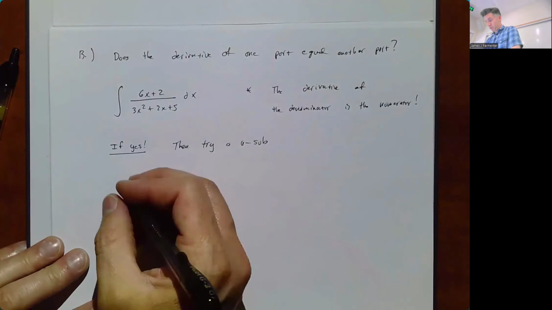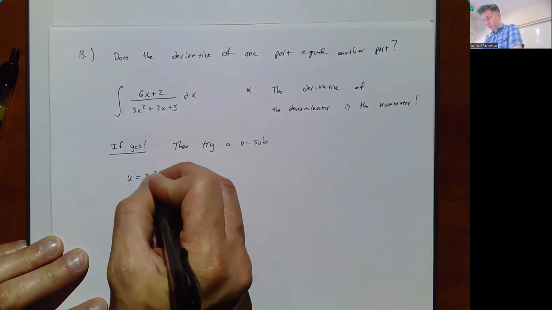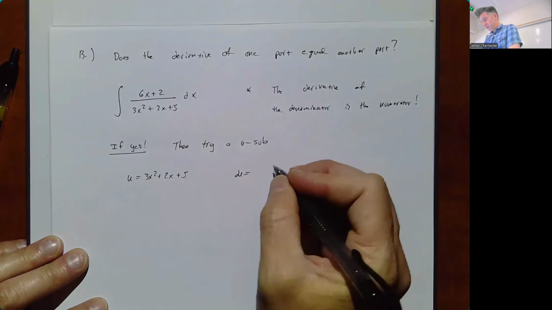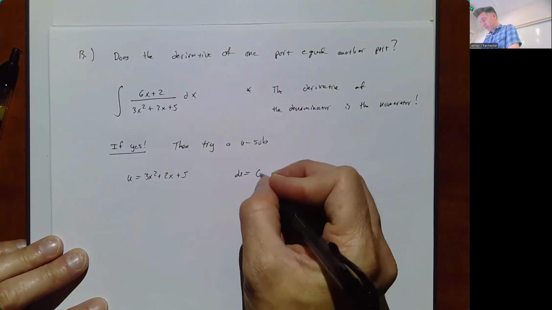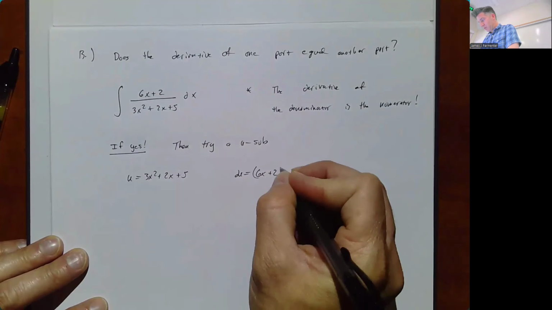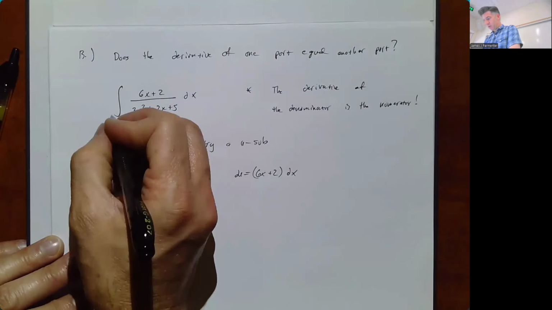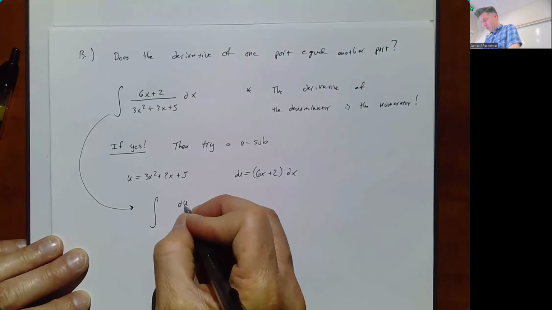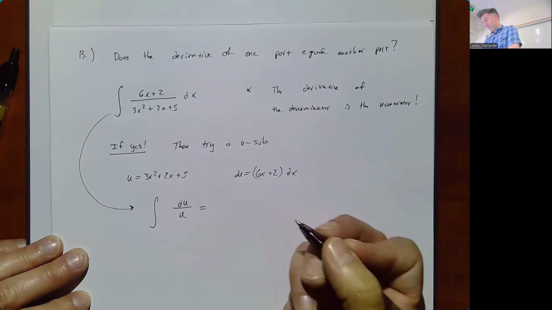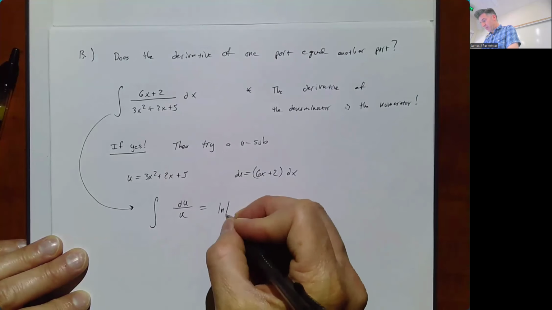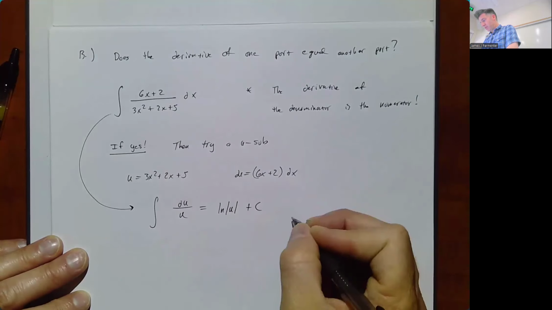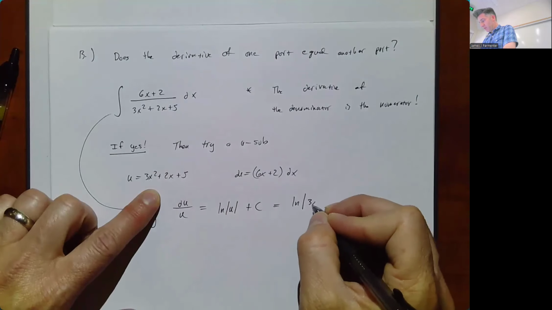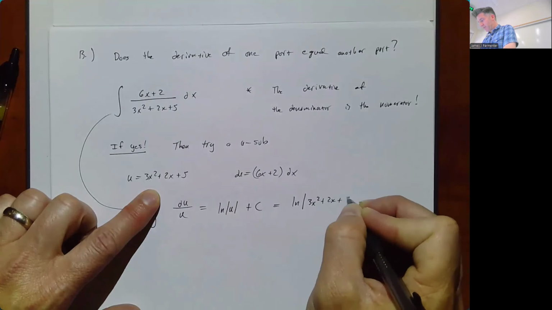So here we would let U equal 3x squared plus 2x plus 5. And our du would equal the derivative of that, which is exactly 6x plus 2 times dx. And so we then could rewrite this as the integral of du over u. And the antiderivative is the natural log of the absolute value of u plus c, which is the natural log of the absolute value of 3x squared plus 2x plus 5.